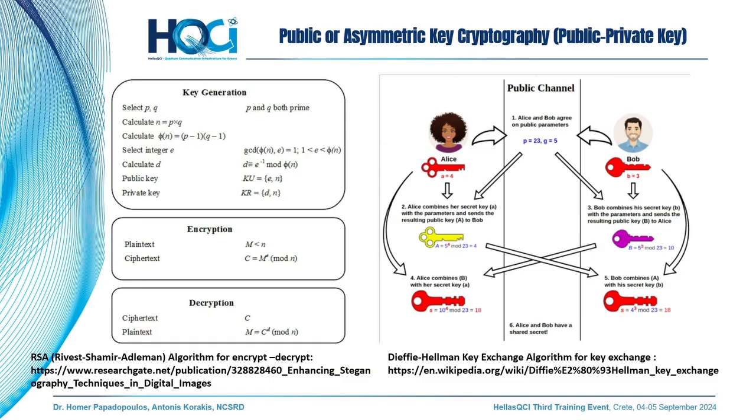Another famous algorithm you have seen is Diffie-Hellman, which is mainly used to exchange the keys. The problem is that, as the previous speakers told us, these are under threat due to quantum computers, because it's very easy for a quantum computer to guess which are the two prime numbers P and Q. This is the main problem.